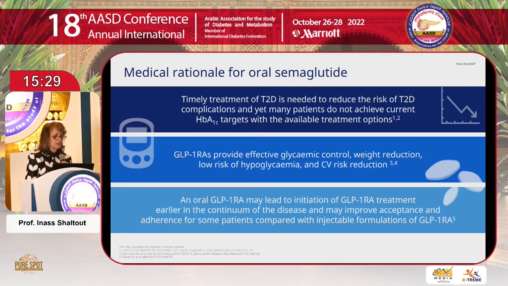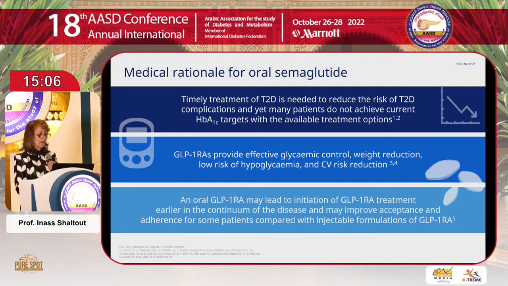The medical rationale for oral semaglutide: timely treatment of type 2 diabetes is needed to reduce risk, and many patients do not achieve the guideline targets in spite of all available type 2 diabetes medications.